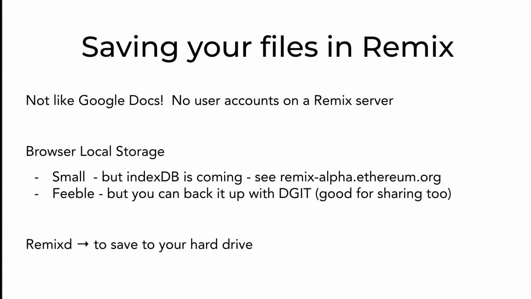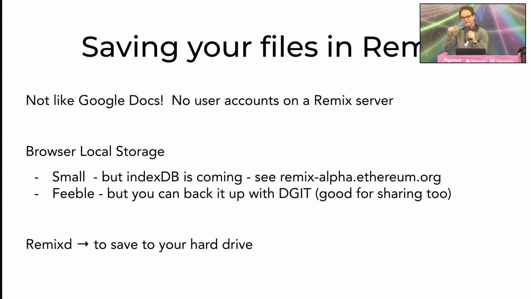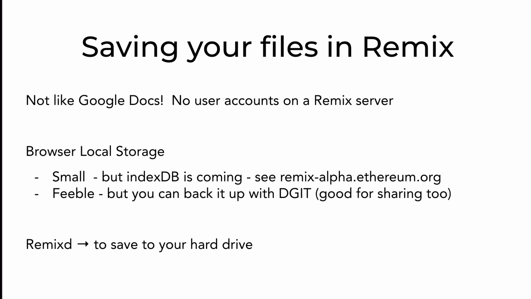Soon it's going to get bigger with IndexedDB in the next release, but you can use that now on Remix Alpha. If you use Remix out of the box and your browser crashes, you still lose your work, unless you save it remotely with dgit on GitHub, which I'll get into in the next few slides.